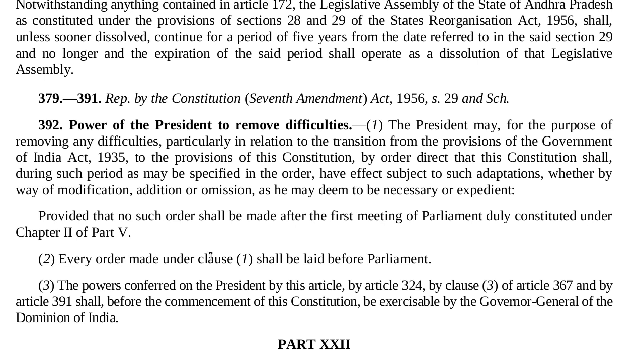Every order made under clause 1 shall be laid before Parliament. 3. The power conferred on the President by this article, by Article 324, by clause 3 of Article 367 and by Article 391 shall, before the commencement of this Constitution, be exercisable by the Governor General of the Dominion of India.